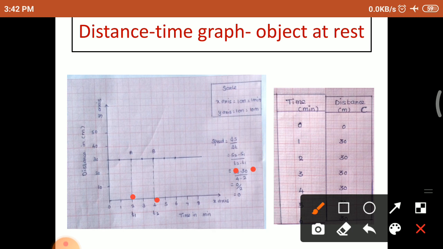So 0 by 2 is 0. So the speed is 0, which means the object does not move. So from this we can say that the object is at rest. Dear students, do you understand what is meant by an object at rest? When the speed of the object is 0, we can say that the object is at rest.